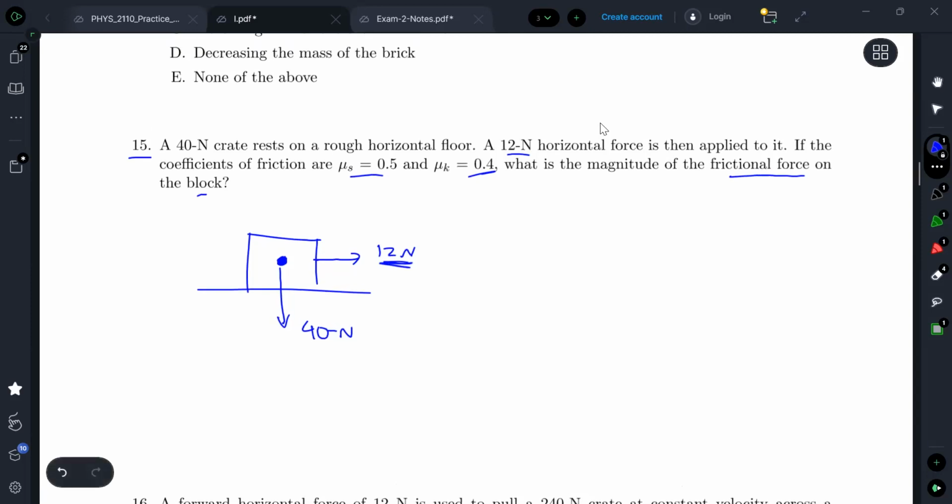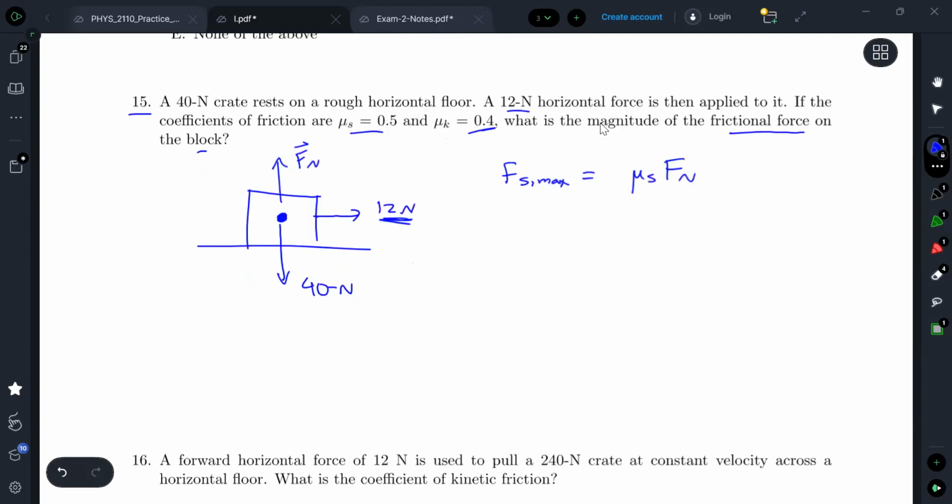So how I test that is, what is my maximum possible static friction? That's the coefficient of friction times the normal force. Normal force is acting upward. This pretty much is my free body diagram, so I won't draw it over. These are my axes.